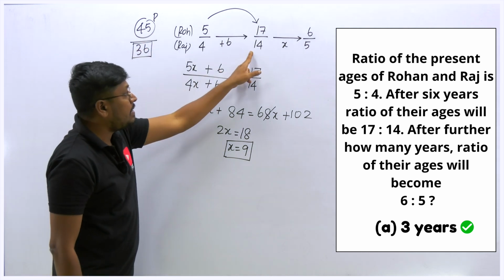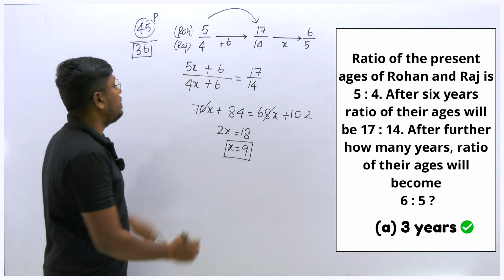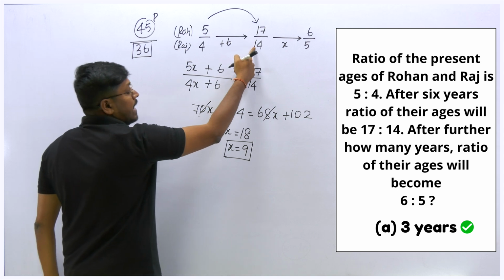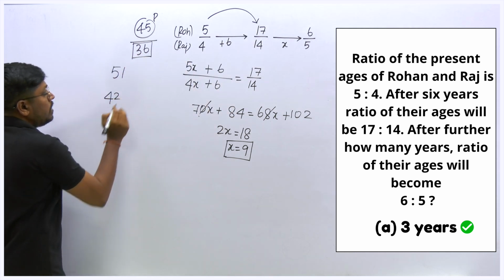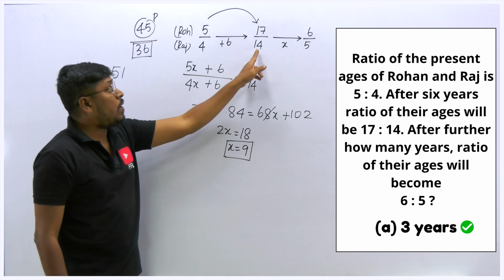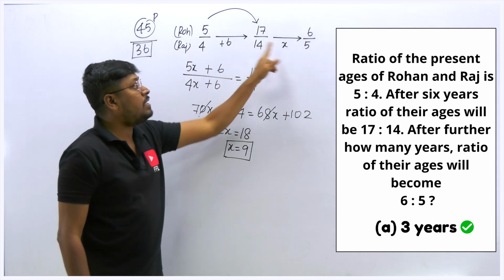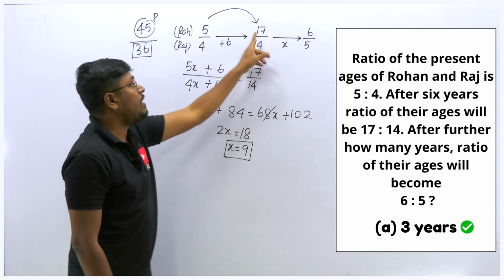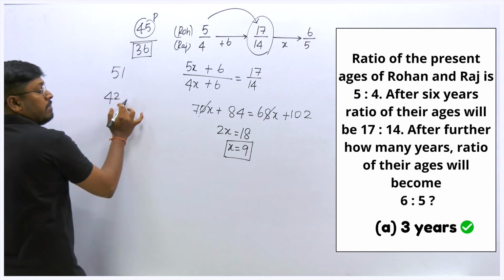So after 6 years, what will be their ages? 45 plus 6 will be 51, so 51 will be Rohan's age after 6 years. 36 plus 6 is 42, so 42 will be Rajesh's age after 6 years. Now after how many more years will their age ratio be 6:5? Now we have the current ages of both persons, which is 51 by 42.